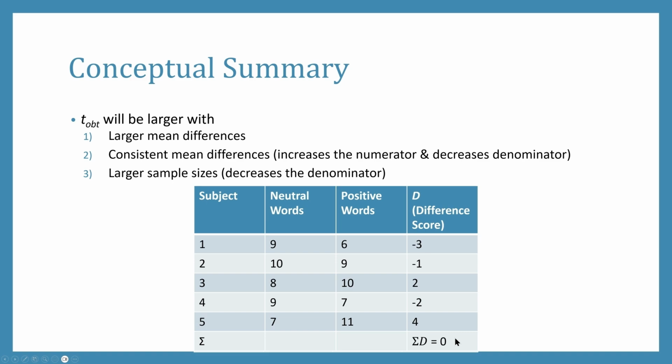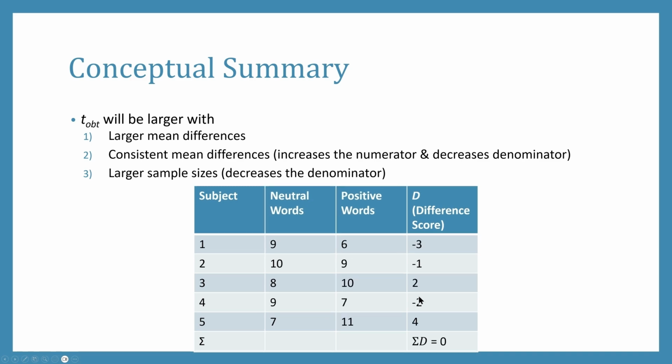So with consistent mean differences, not only if they're in the right direction, they're going to increase that average difference score, but it's also going to decrease the denominator. If we mathed this out, we would see that the denominator would be a lot bigger here because we have way more variability. We're going from -3 to +4, whereas with the earlier example, we were only going -1 to +4, and basically everybody was kind of clustered around that 2.